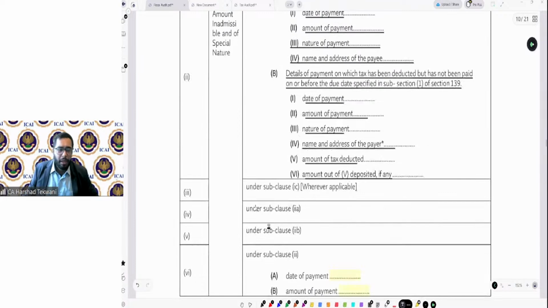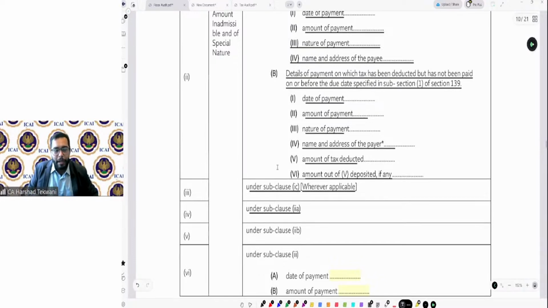Then under subclause 1C, what is 1C basically? 1C talks about any sum paid on account of fringe benefit tax, which is now not applicable. That's why I wrote wherever applicable.